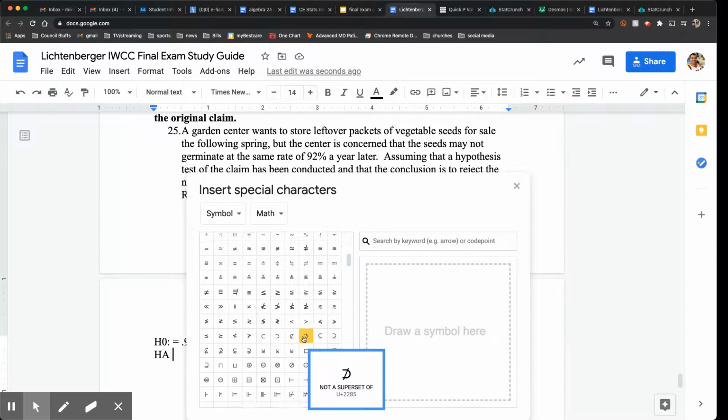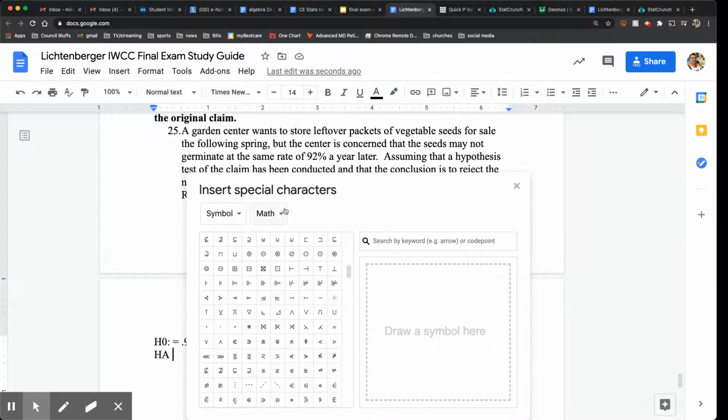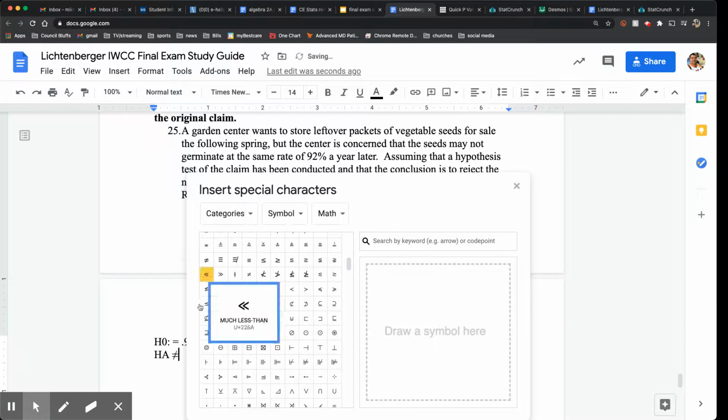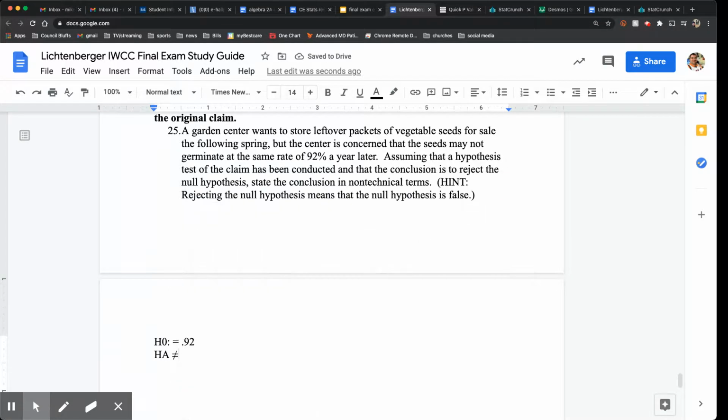Here it is. So if we were to do this, our alternative guess would be that it's not equal, because it says the center is concerned that the seeds may not germinate at the same rate. It doesn't specify less than or greater than, so we're going to go with not equal to.